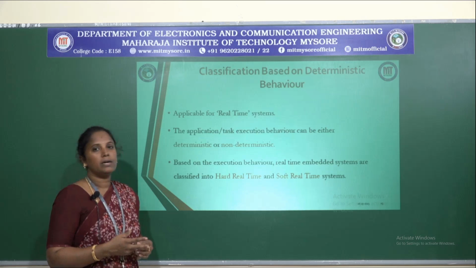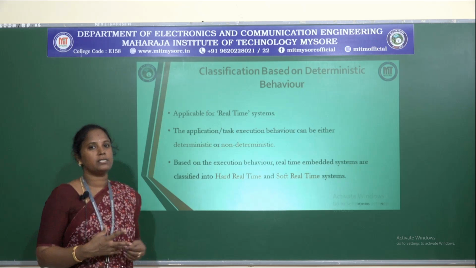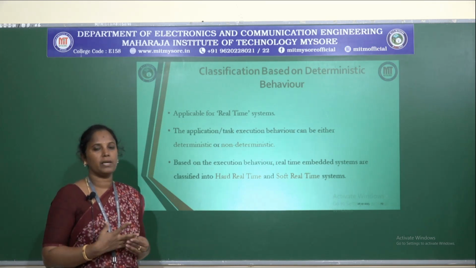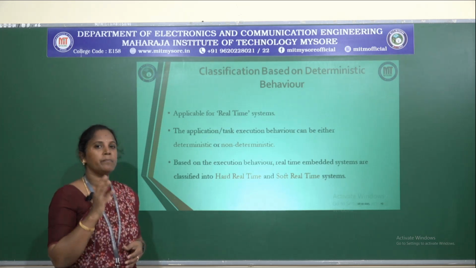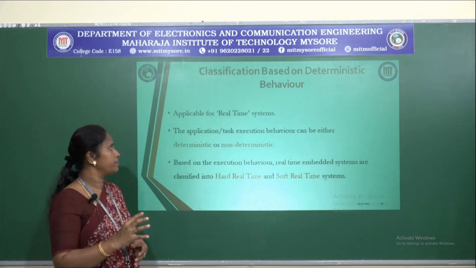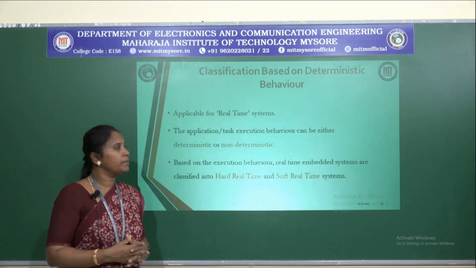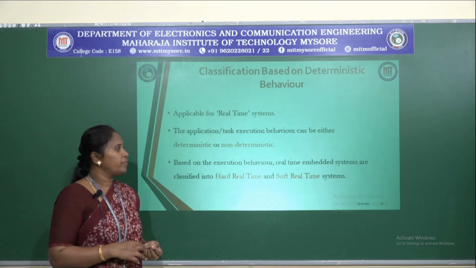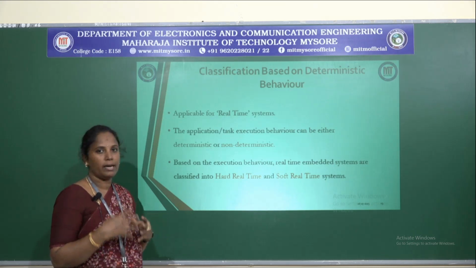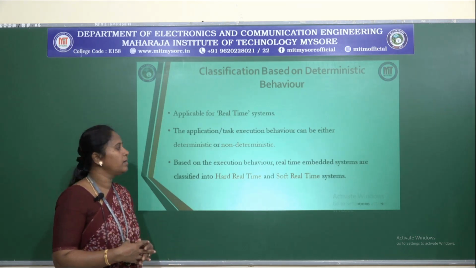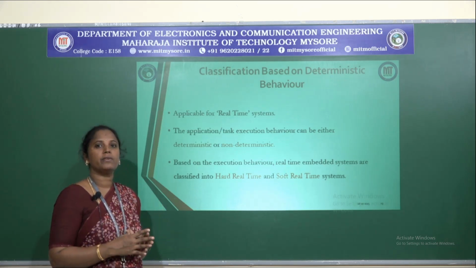So this is about the complexity as well as the performance. Then we have the classification based on deterministic behavior. As I told, deterministic behavior means you have to do that particular work within the specified time, so it is applicable to real time systems. For example, in monitoring a patient's health, like ECG monitoring or performing a scanning operation, that has to be done in real time.